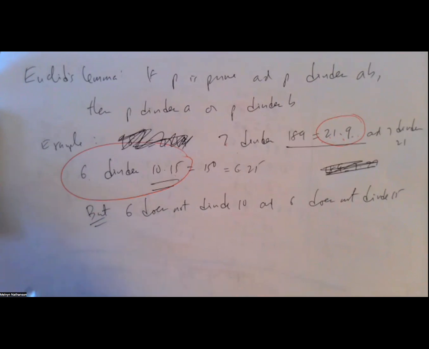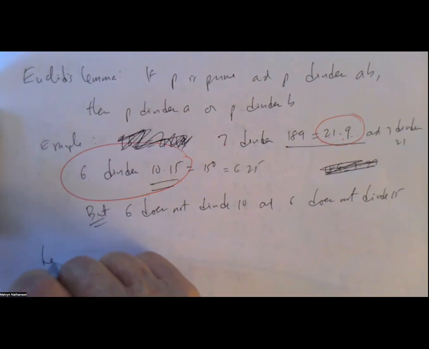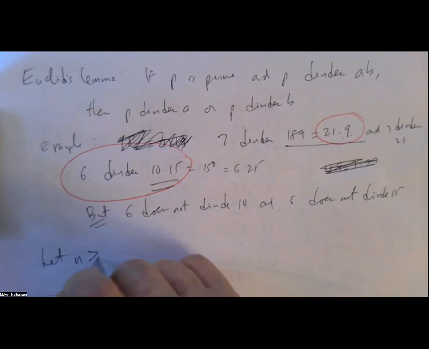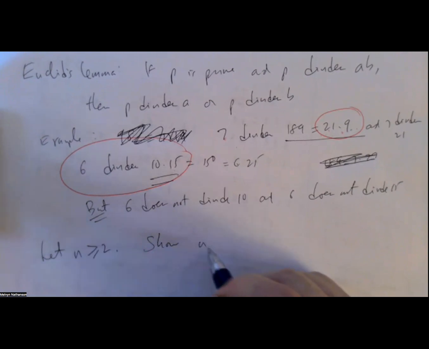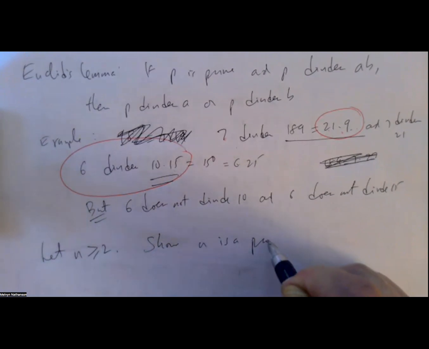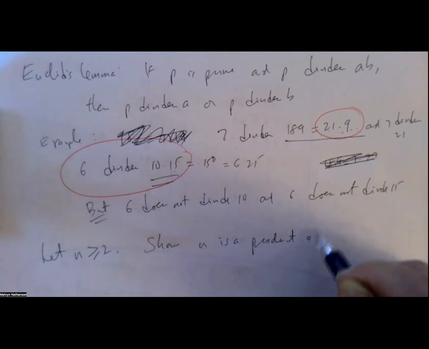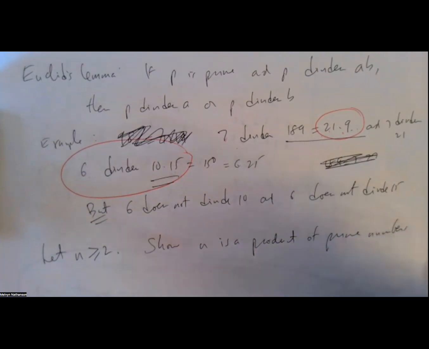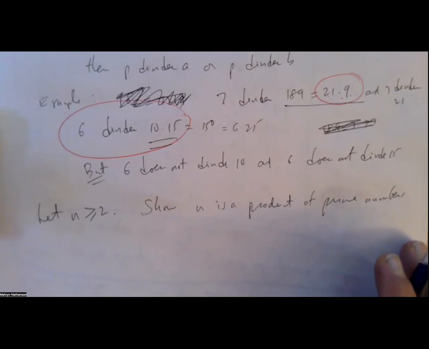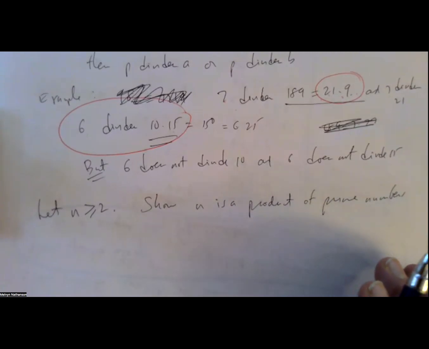And suppose you know that. So let's start with n. Let n be an integer greater than or equal to 2. I want to show n is a product of prime numbers. Just that. Every integer at least 2 is a product of prime numbers in at least one way.